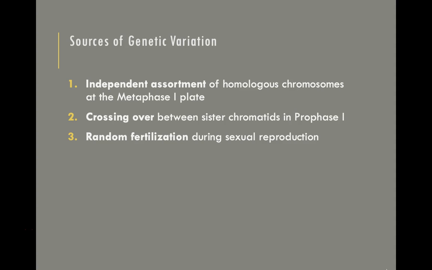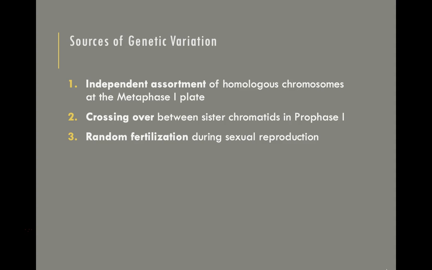All right, so during our genetics unit, I discussed many times the sources of genetic variation. We had independent assortment of chromosomes, so different combinations of mom and dad's chromosomes ending up in the gametes of the individual in question.